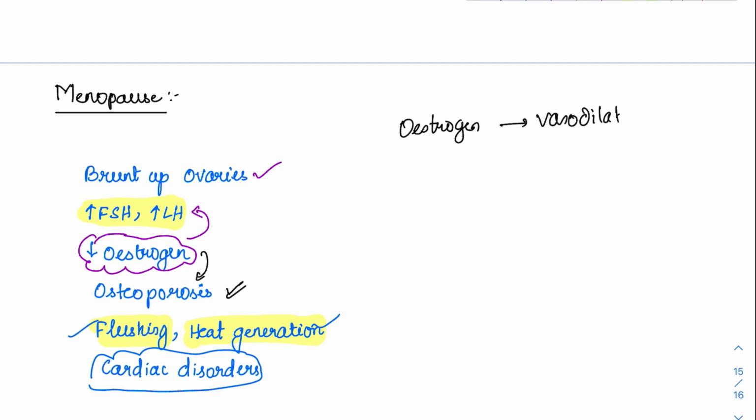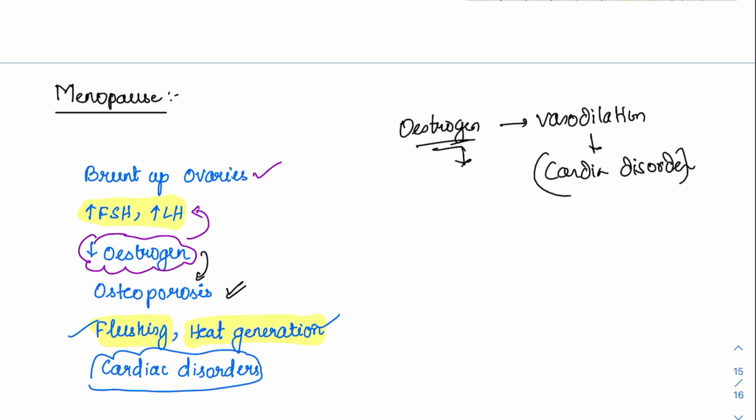So this vasodilation is usually protecting the females from cardiac disorders. But what happens after menopause? Estrogen itself is reduced, so the cardio protection action is not there. That's why when you compare the male-female ratio of myocardial infarction, before menopause it is more in the males, but after menopause the proportion becomes almost similar.